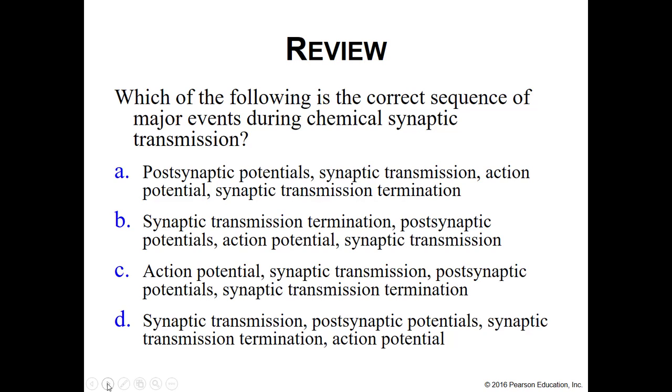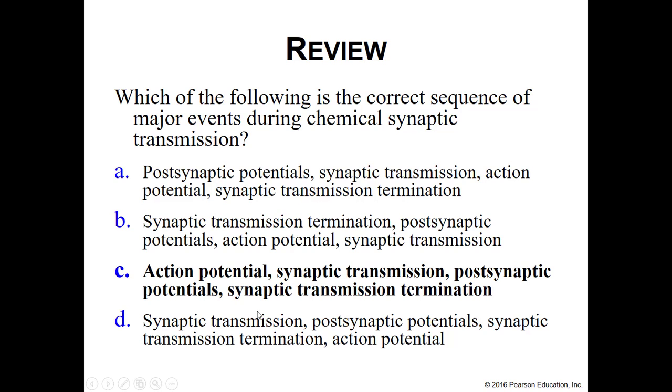Remember, look at them and see which one happens first. So the first thing that happens is an action potential, then synaptic transmission, postsynaptic potentials, and then synaptic transmission termination.